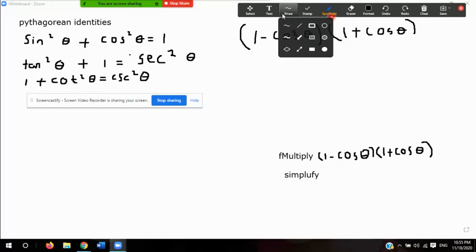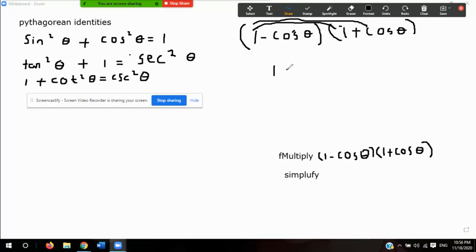So 1 times 1 is obviously 1. Now we multiply 1 times cosine of theta, and it's plus the cosine of theta because it's positive.